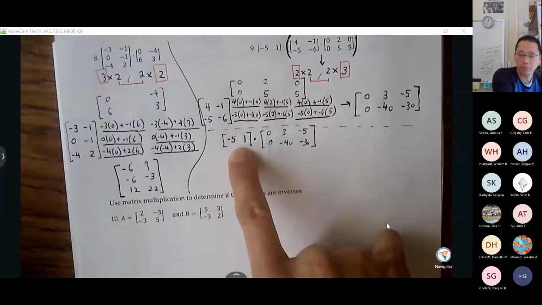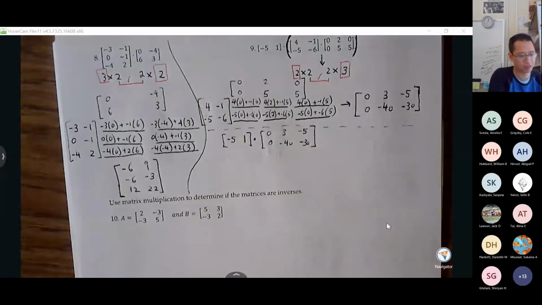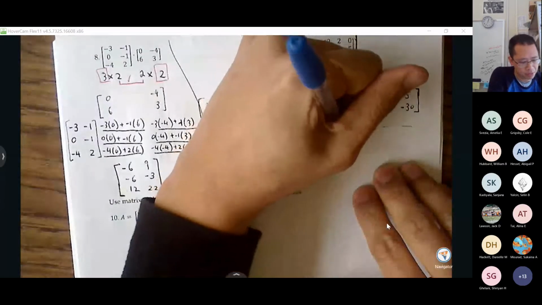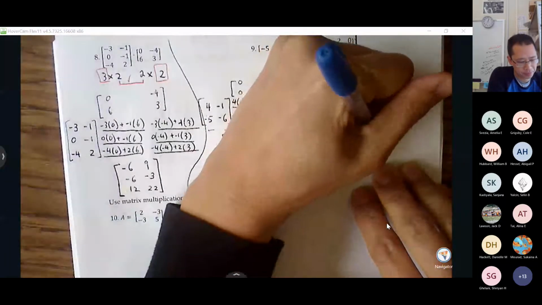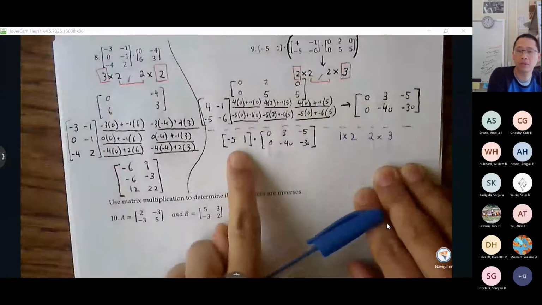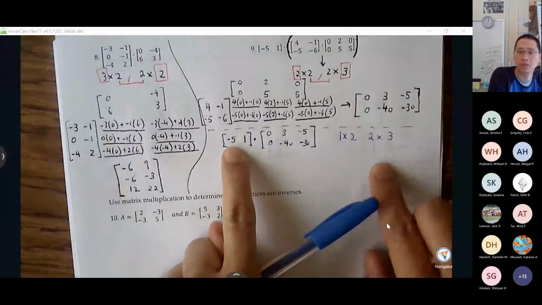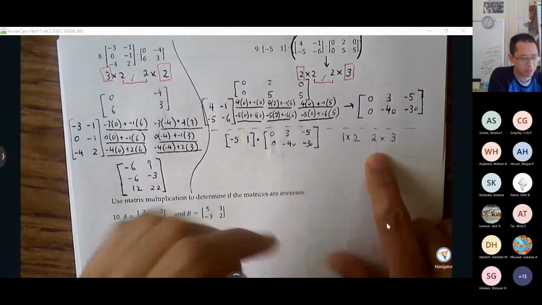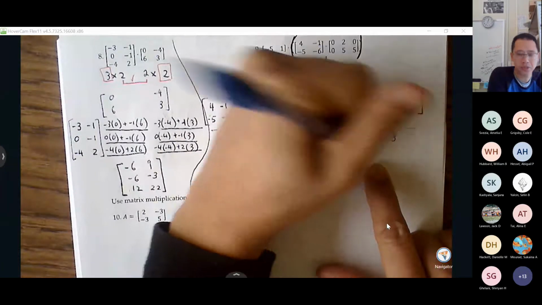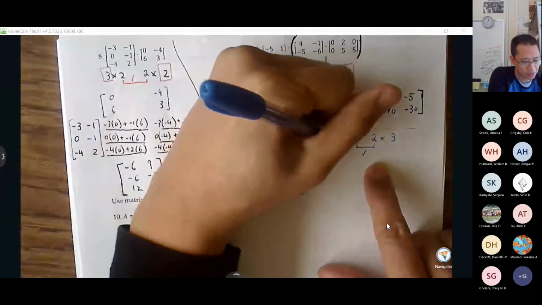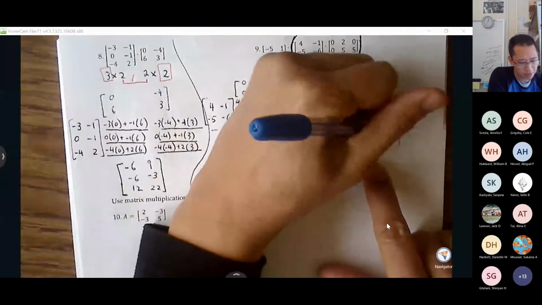Here we have a 1 by 2 matrix being multiplied by a 2 by 3. Again, we go through our check. Our inner dimensions do match, so we know we're going to end up with a 1 by 3 matrix.